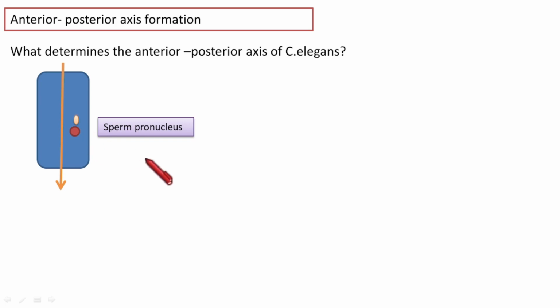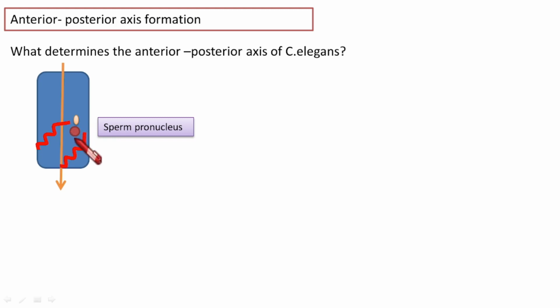Okay. And as the sperm pronucleus enters the egg, we have learned that along with it, the sperm centriole also enters the egg, and this centriole creates some cytoplasmic movements, and because of this cytoplasmic movement, what will happen?